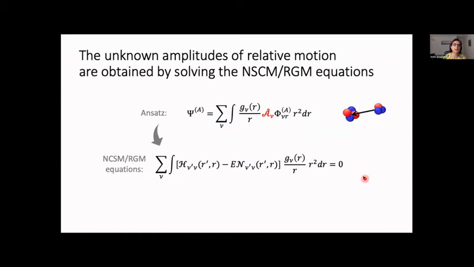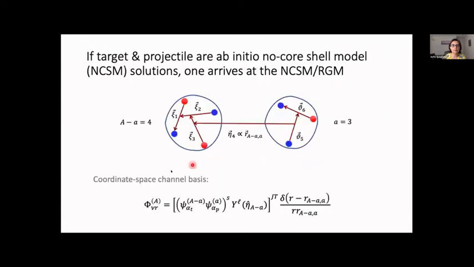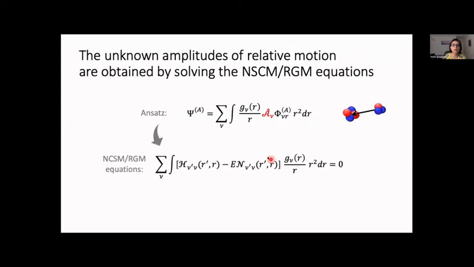So basically, we use expansions of this kind. However, one has to make sure to anti-symmetrize these channel bases for exchanges of the nucleons across the 2 clusters, which are not taken into account yet in the formalism. So this has to be done explicitly.